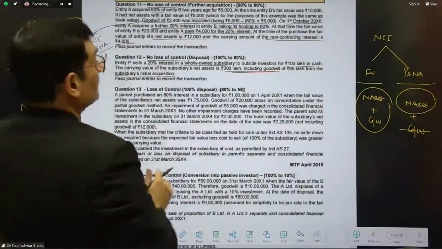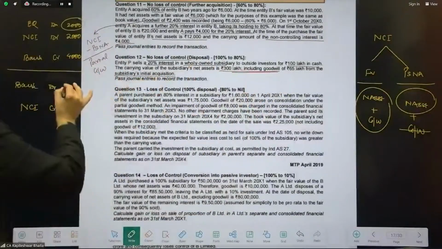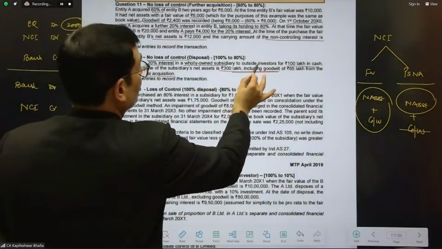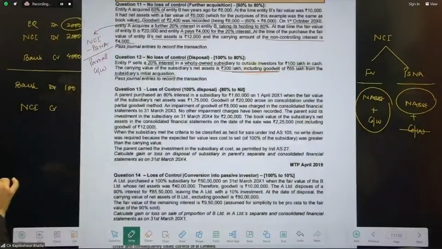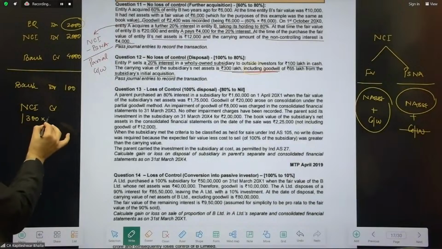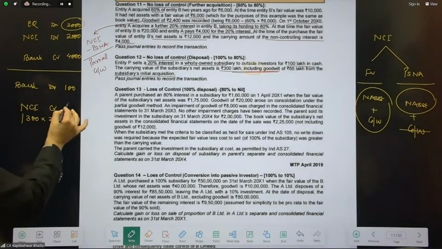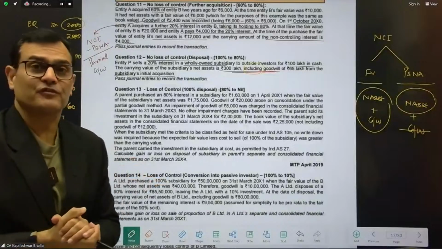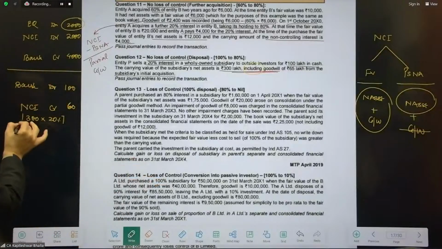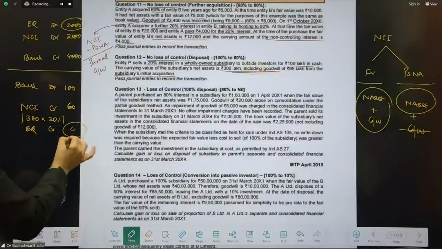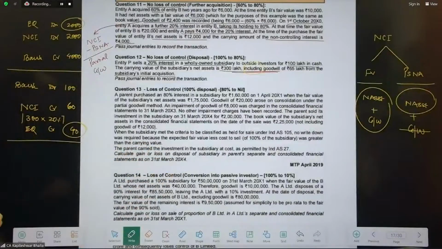We sold the investment for 100 lakhs, and the net assets, including the goodwill, are 300 lakhs. If you consider 300 lakhs into 20% NCI, that works out at 60 lakhs. And whatever is the balancing figure in this particular case will be adjusted to equity. So we give a credit to the equity to the extent of 40 lakhs.